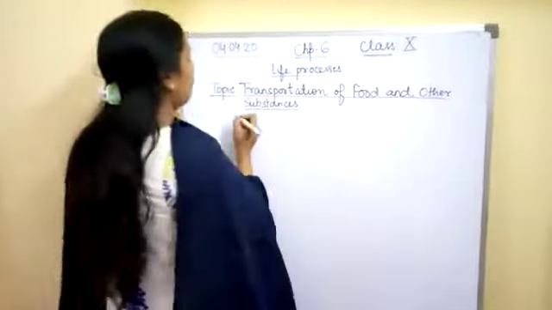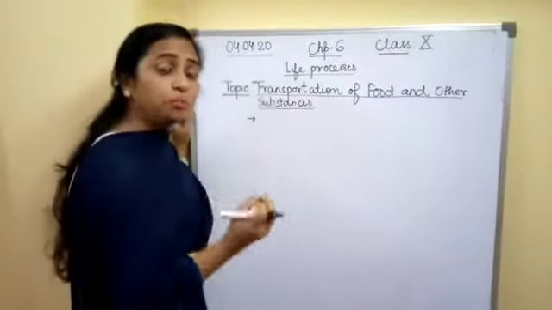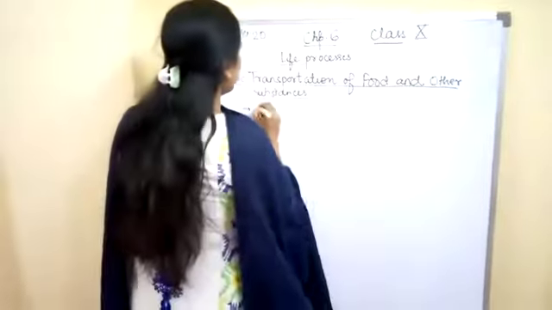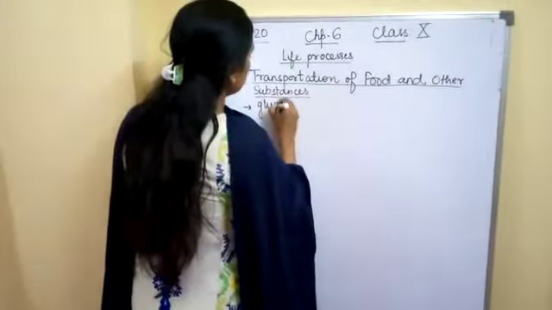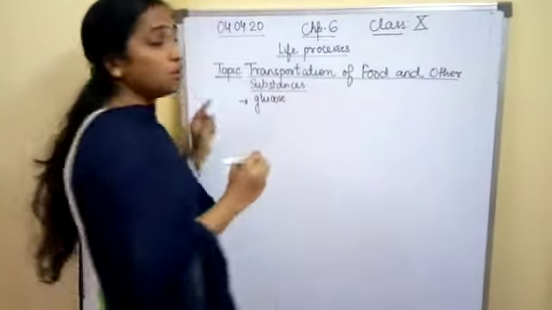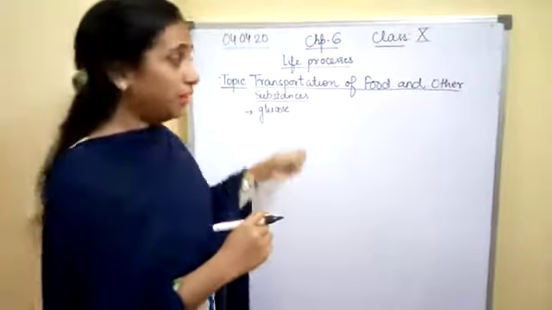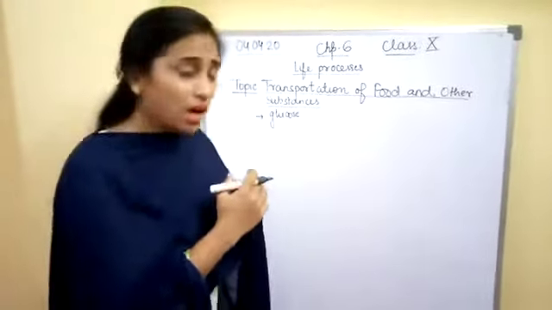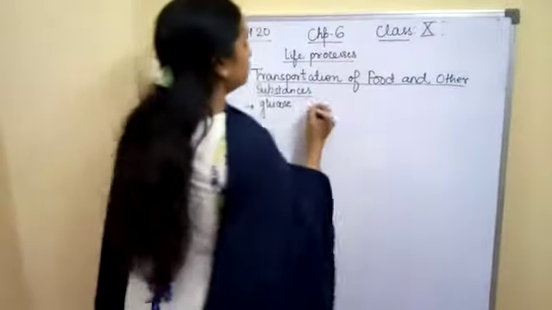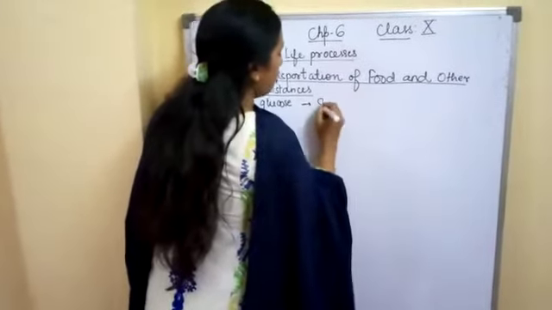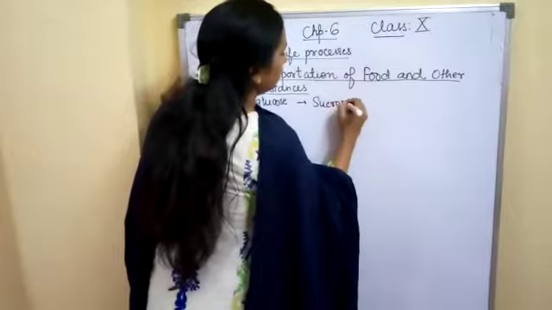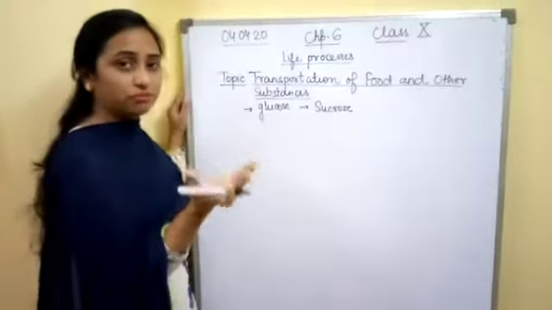So as you know, what is the soluble product of photosynthesis? It is the glucose. So this photosynthesis product will be transported to all parts of the plant. This glucose, in the form of sucrose, will be transported to the parts of the plant.